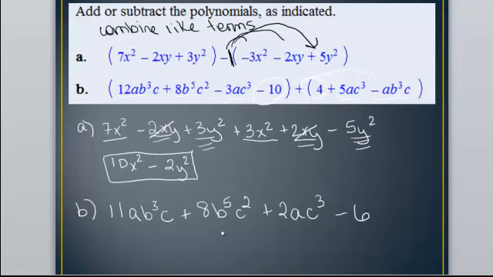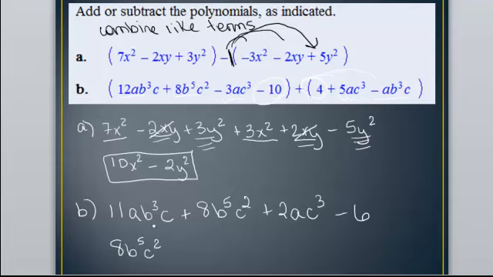Now you're supposed to make sure this is in descending order. So just to keep everything in the right order, let's go ahead and look at the degrees. The degree of this term is 3 plus 1 plus 1. This will be 5. This will be 7. This will be 4, and this will be 0. So the 8b to the 5th c squared would go first.